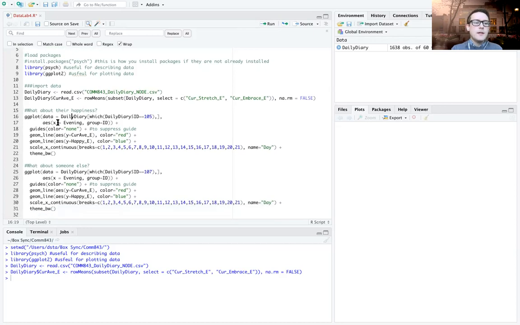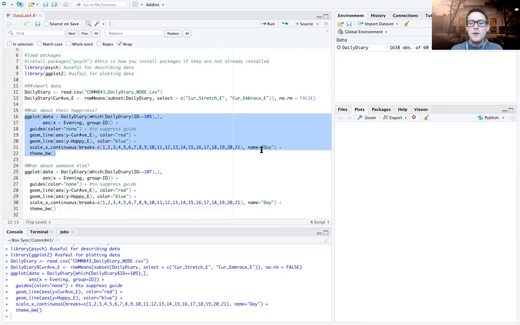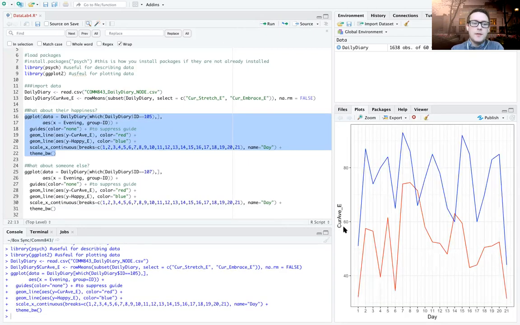All right, so again, just to remind ourselves what we're doing, these are plots we made in one of the first data labs where we looked at how a person's happiness in blue is changing from day to day in our daily diary data set in this one participant, and also how their curiosity is changing, in red, from day to day.